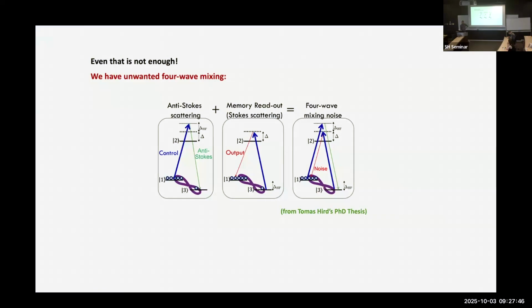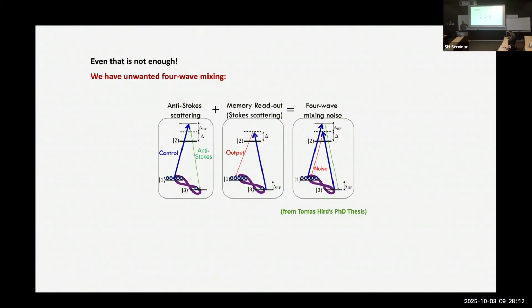That causes a scattering effect due to anti-Stokes scattering, and then the control field re-picks that back up, and it comes out in the frequency of the probe. This is a really bad form of noise because it also affects the fidelity of the measurement. Even just with the control field on, you're going to have light that comes out in the frequency of the signal.